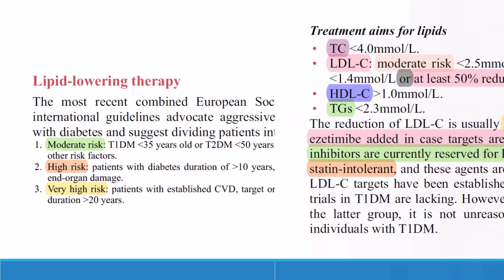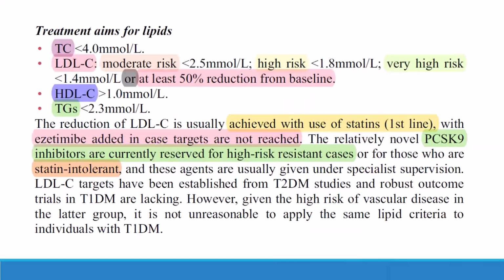The treatment aims of lipid: total cholesterol less than 4, LDL in the moderate risk less than 2.5, high risk less than 1.8, very high risk less than 1.4, or at least 50% reduction from the baseline. HDL cholesterol is not very important, more than 1.